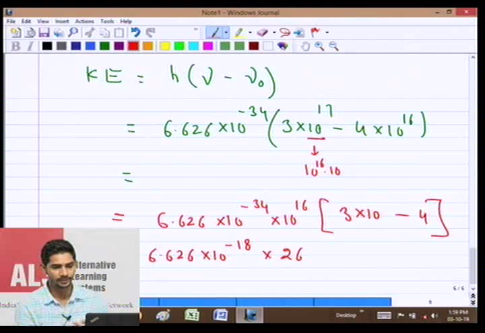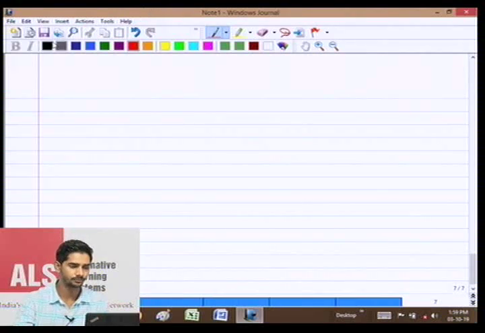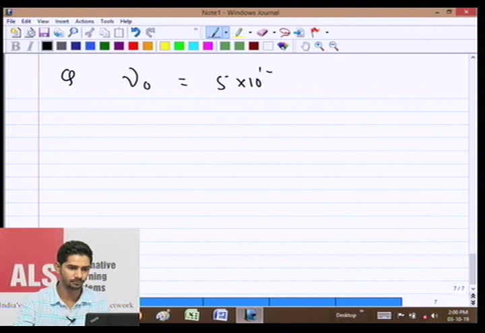So guys, next question for you. So this is the next question. I hope this time I'll get the right answer. I'm giving you the data. Nu naught is 5 into 10 to the power 13 second inverse.